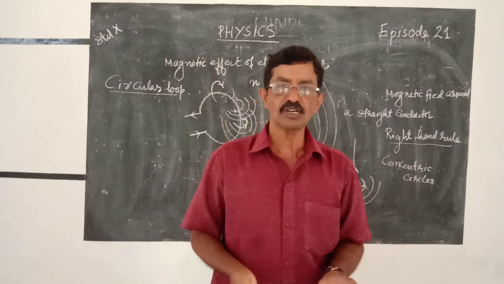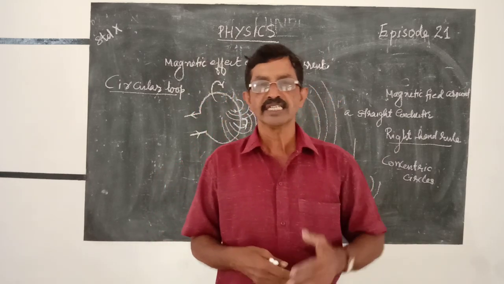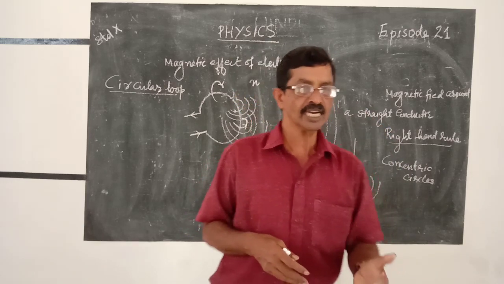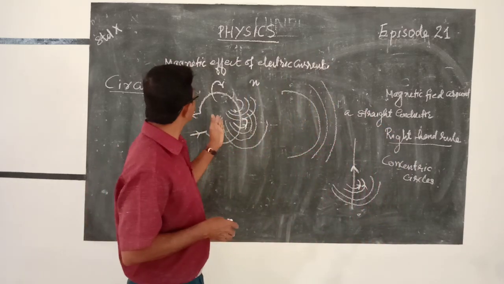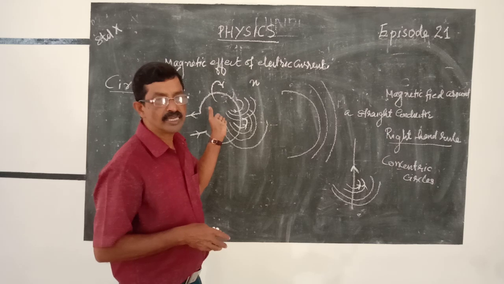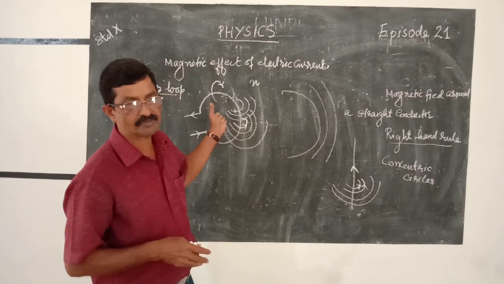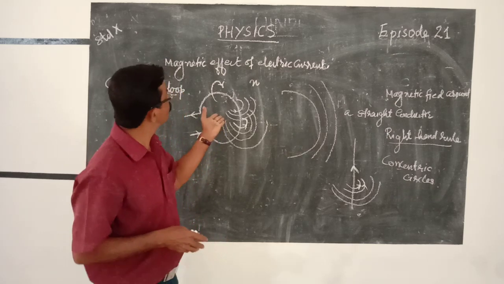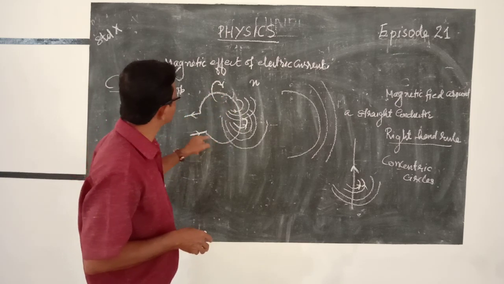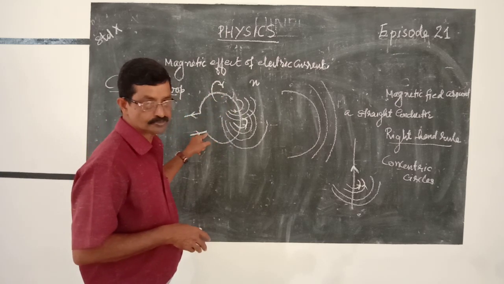The size of the concentric circles increases as we move away from the conductor. So the magnetic field lines at the center of this circular loop become a straight line. It is due to the magnetic field from every point in this circular loop.